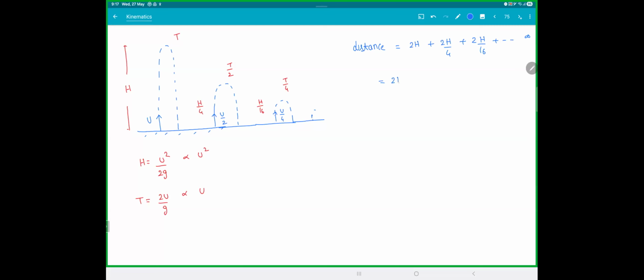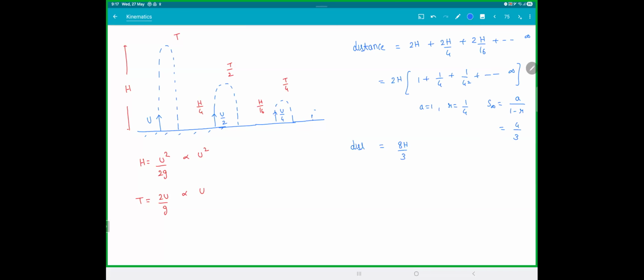Take out 2h common. You will get 1 plus 1 by 4 plus 1 by 4 square, so on till infinity. That's your sequence. We can clearly see a is 1 and r is 1 by 4. So the sum of the infinite terms, the formula is a by 1 minus r. That would be 1 by 1 minus 1 by 4, so that would be 4 by 3. So the total distance traveled will be 8h by 3.